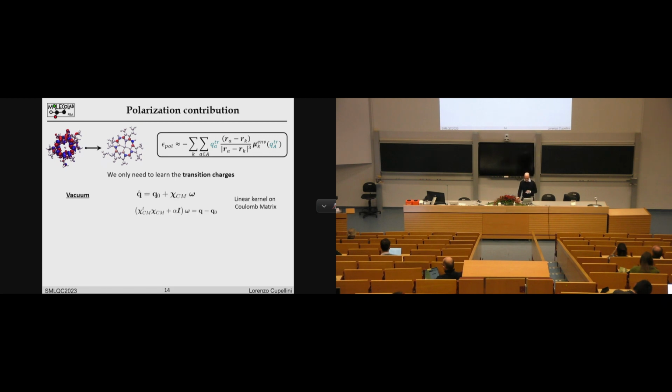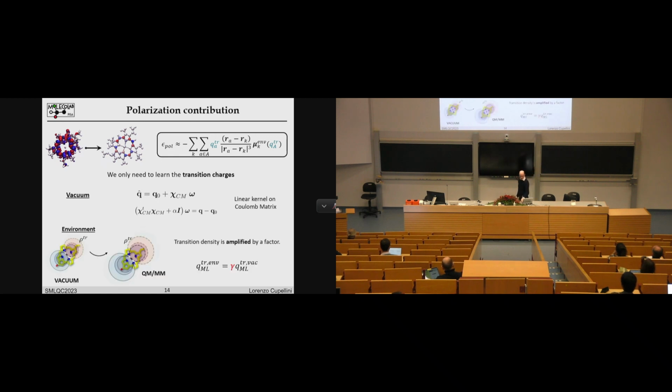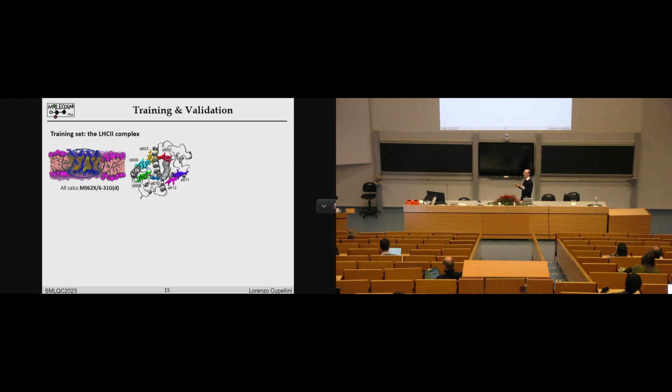It turns out that learning the transition charges is very easy because you only need a linear model. And then you need another linear model to take into account that you have charges in the environment which change the transition density. And so in this way, you would be able to learn the excitation energy in an environment.